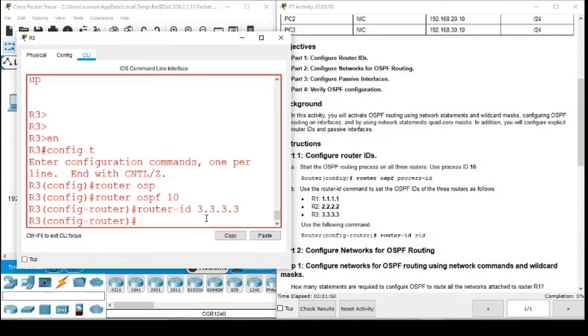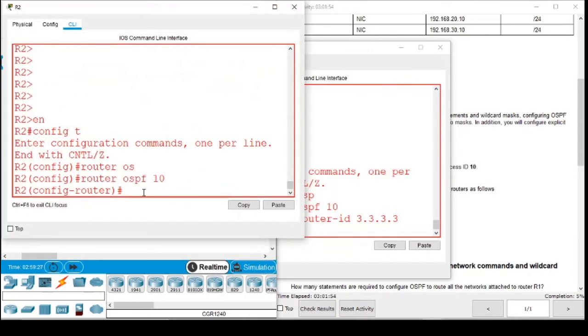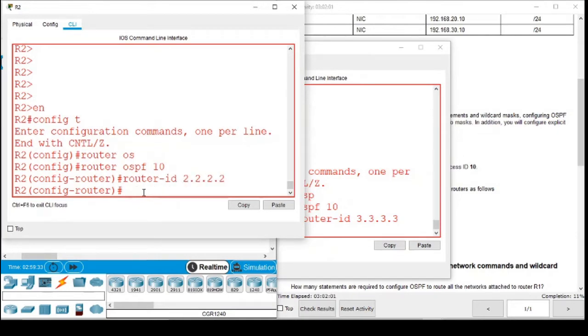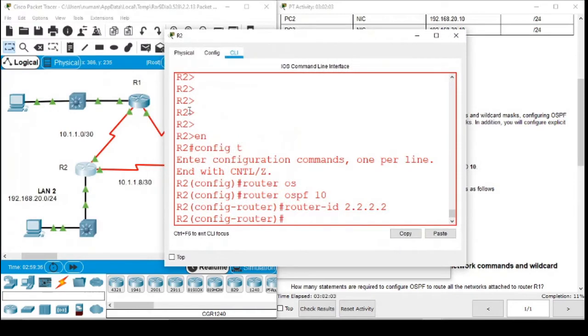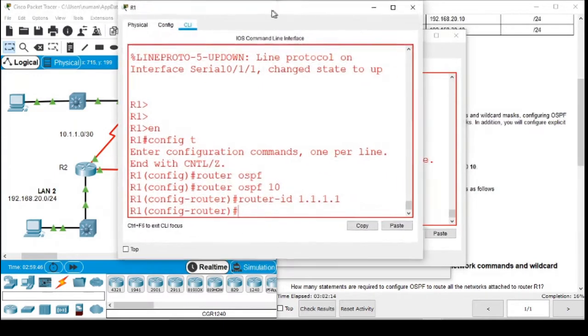This command configures the router ID on router 3. Similarly, on router 2, router-id 2.2.2.2, and on router 1, router-id 1.1.1.1. So we complete our two tasks.